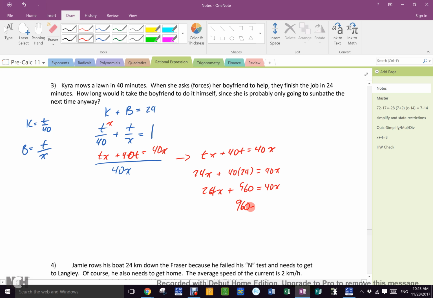Right, 960 equals 16x. So what does x equal? 60, not 16, 60. So how long does it take the boyfriend to mow the lawn? 60 minutes. Does everybody see why?